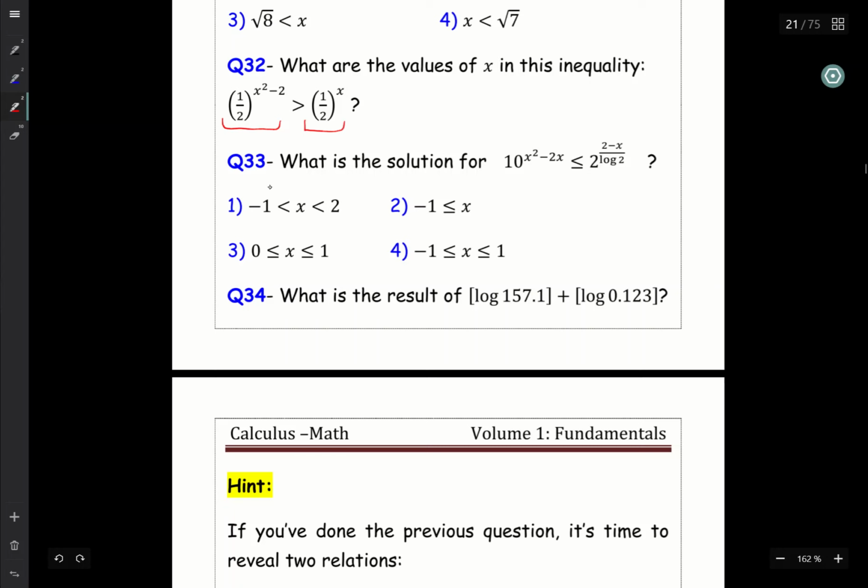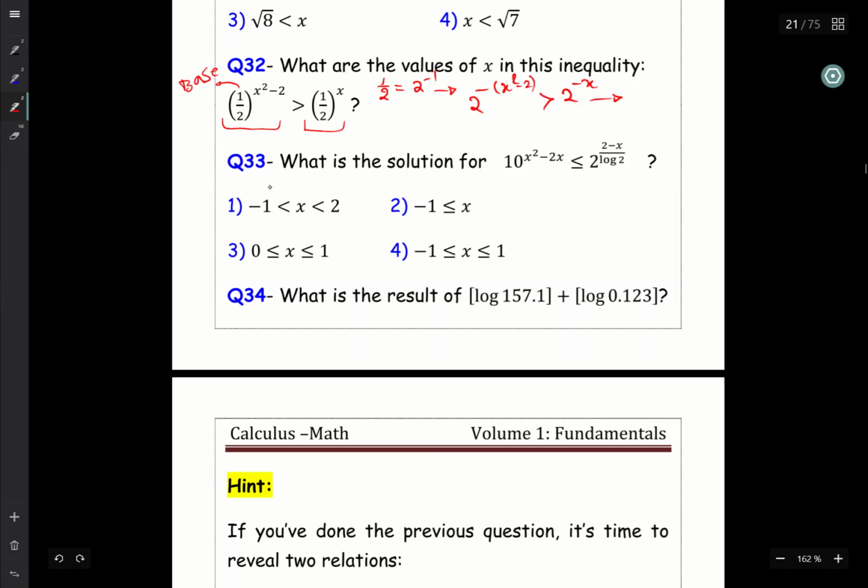But the base is 1 over 2, which is a number between 0 and 1. I always prefer to make it a number greater than 1, so I write 1 over 2 equal to 2 to the negative 1 power, and then this inequality becomes 2 to the negative (x squared minus 2) is greater than 2 to the negative x.